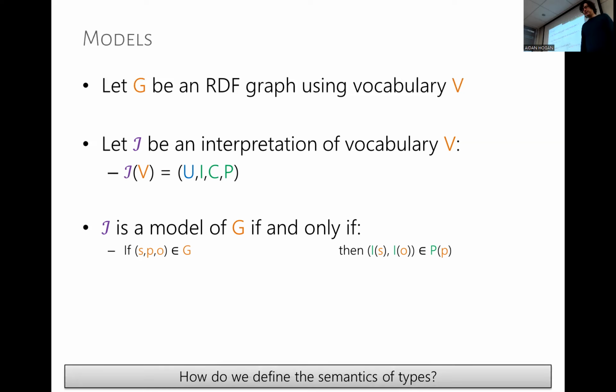So how do we define the semantics of types is the next question. If we have S type O in G, what would we expect here?